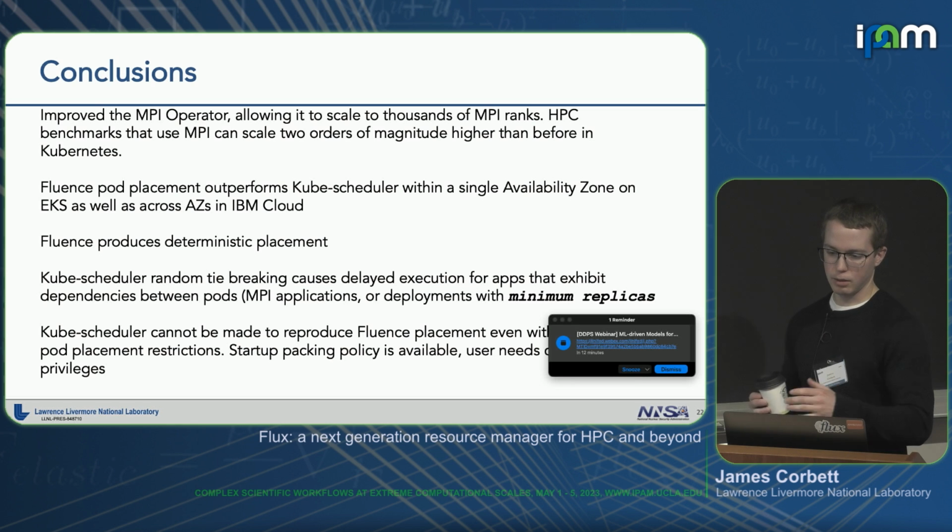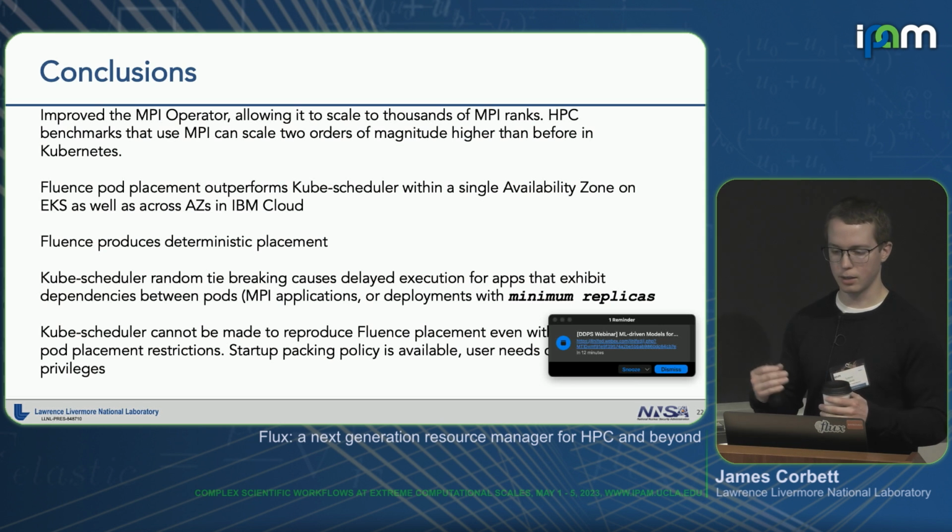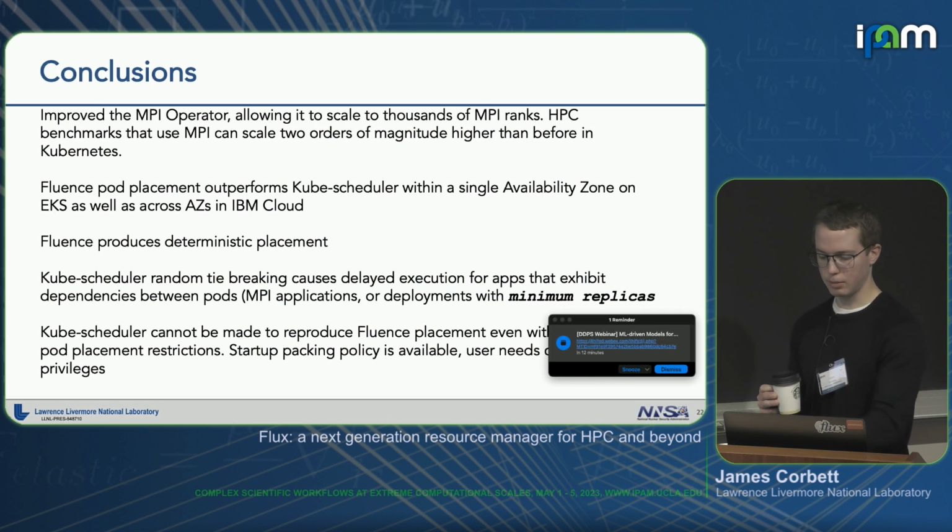They also increased the scaling of the MPI operator to thousands of ranks. I think previously it had scaled to around 80. So they got 2 orders of magnitude better scaling than before on Kubernetes. That's about all I'll say about the Fluence plugin for Kubernetes.